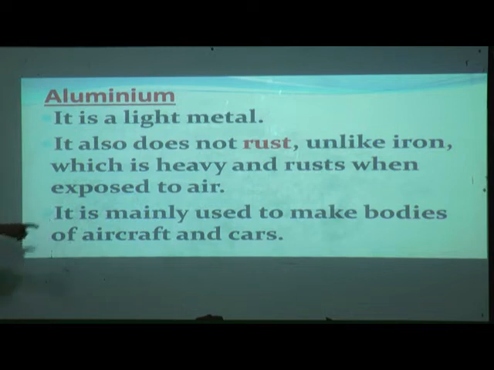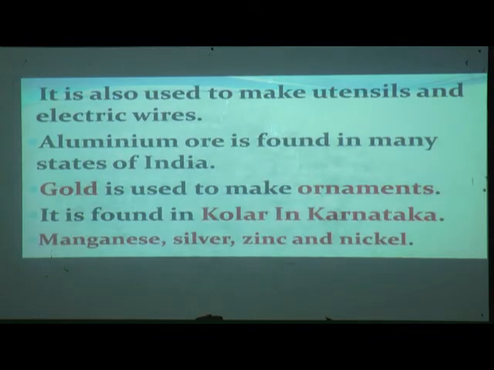It is mainly used to make bodies of aircraft and cars, whereas aluminium is used to make car bodies and aircraft, meaning aeroplanes. It is also used to make utensils and electric wires. Aluminium ore is found in many states of India, in many places.